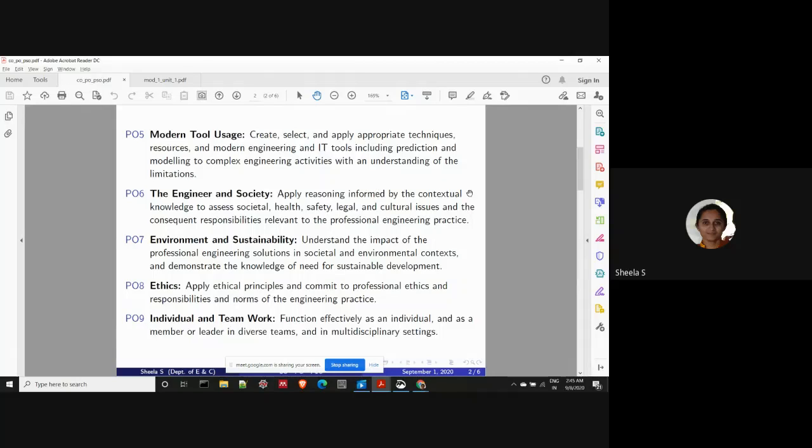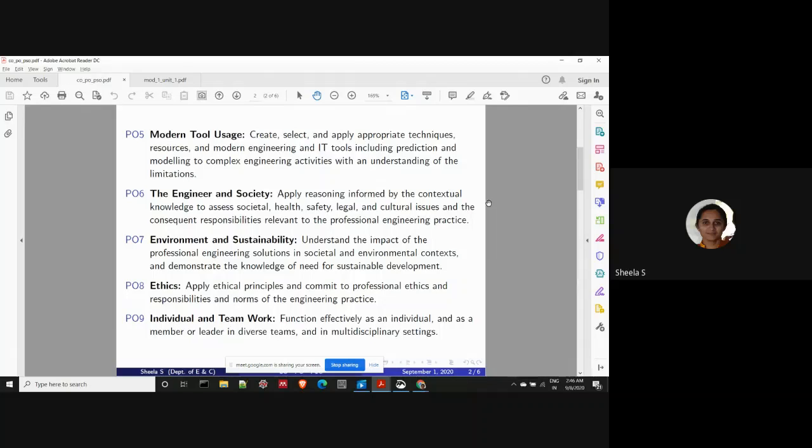Whatever problem we have identified and the solutions we have designed as well as obtained, whether it is helpful for society or not. If it is not helpful, once again we have to think of the solution. Otherwise, that solution can be used for the welfare of society.